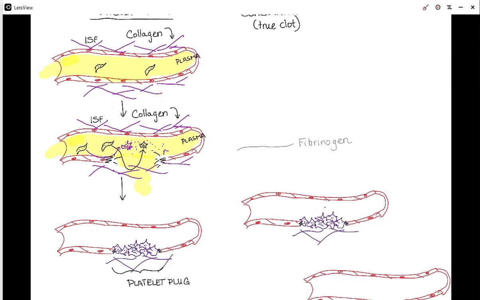An enzyme is going to snip off the end pieces here on fibrinogen, and what that does is that creates a much thicker protein that comes out of solution. And when it comes out of solution, it's like, where do I want to sit? And guess what it's attracted to? Sticky platelets. So this is called fibrin.